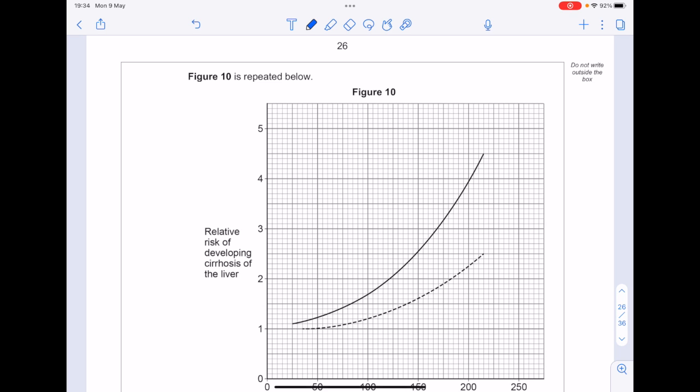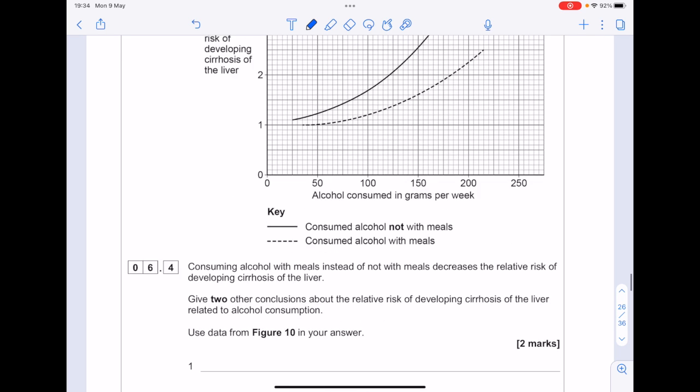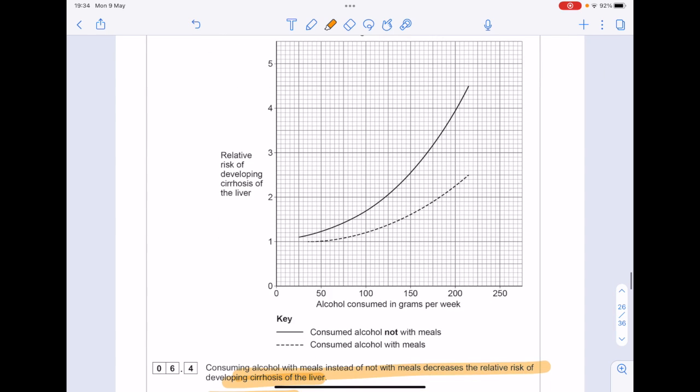Figure 10 is repeated below. Consuming alcohol with meals instead of not with meals decreases the relative risk of developing cirrhosis of the liver. Give 2 other conclusions about the relative risk of developing cirrhosis of the liver related to alcohol consumption. Use data from figure 10 in your answer. So you can see here that as our alcohol levels increase, it doesn't matter if you've been having it with a meal or not, you're going to increase your risk of developing cirrhosis.